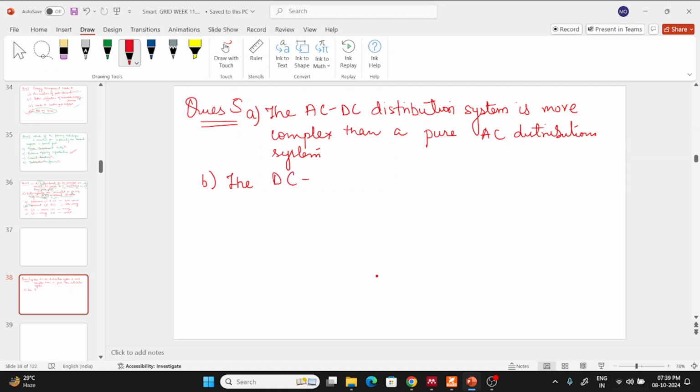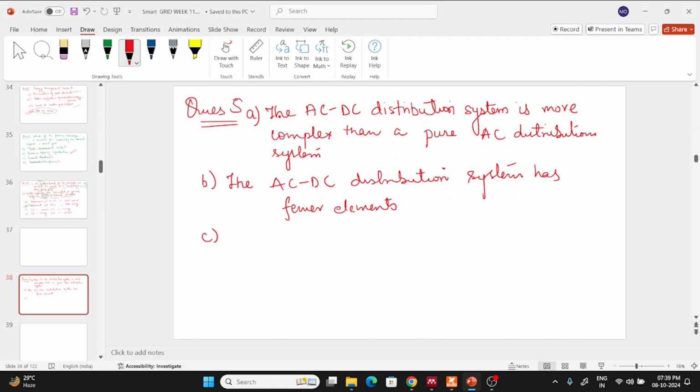The AC-DC distribution system has fewer elements.